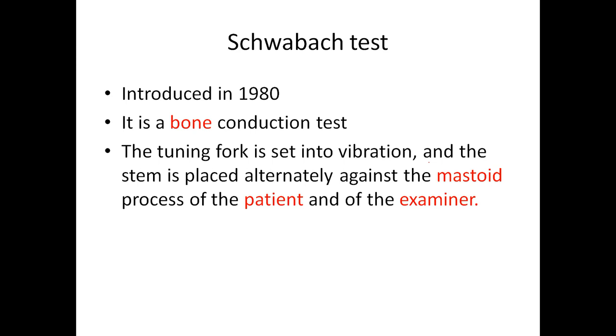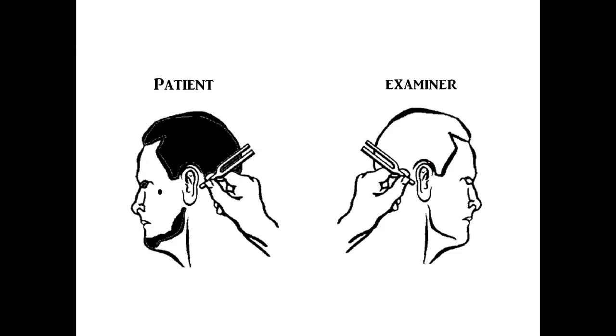So what is the instruction given to the client? Here he has to tell when the sound gets feeble or when he is not able to hear the tone. First the examiner will keep the tuning fork on the patient's head and ask whether he is able to hear. The client will say yes.